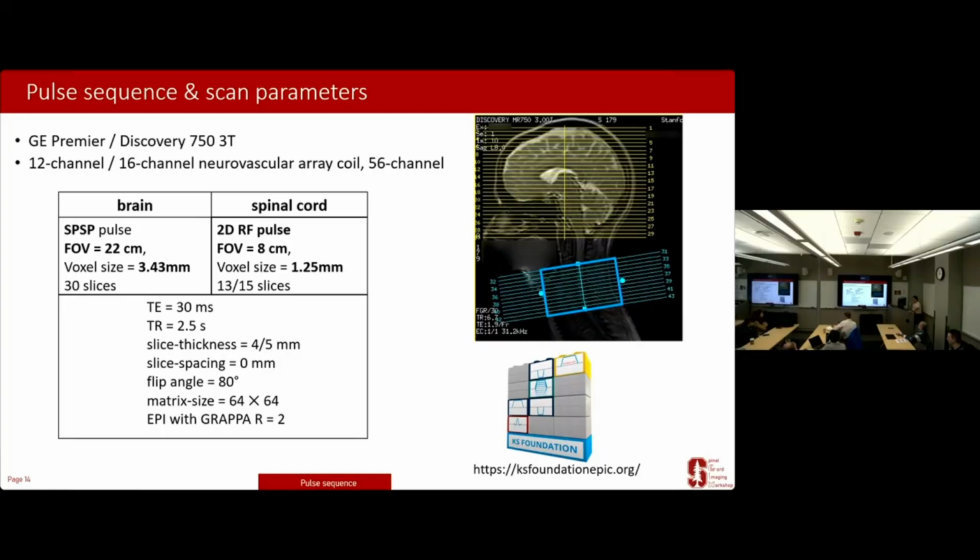We have used 4 millimeter or 5 millimeter slice thickness, and we keep the slice thickness the same for both the brain and the spinal cord.